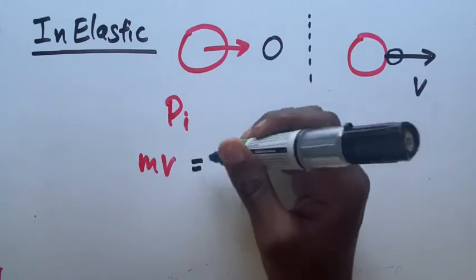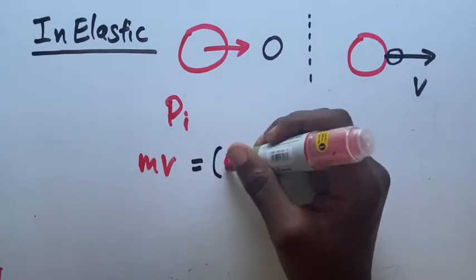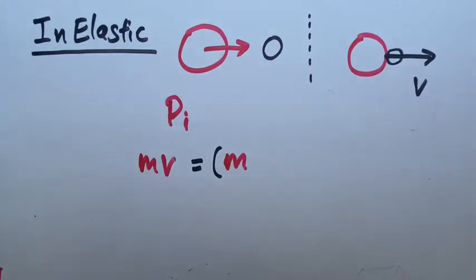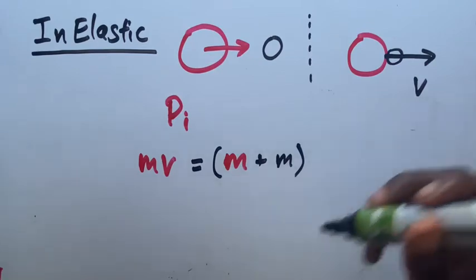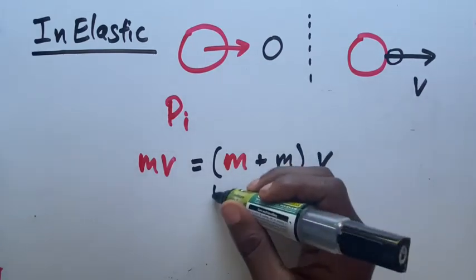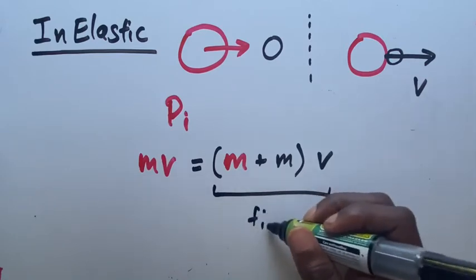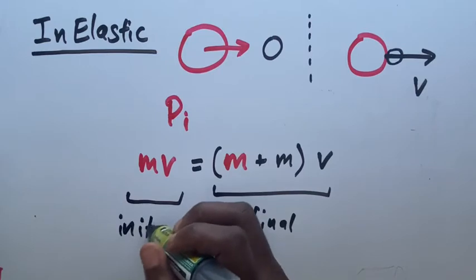So we're going to have the mass of the red ball plus the mass of the black ball times v final, right? So all this is final, and all this here is initial.